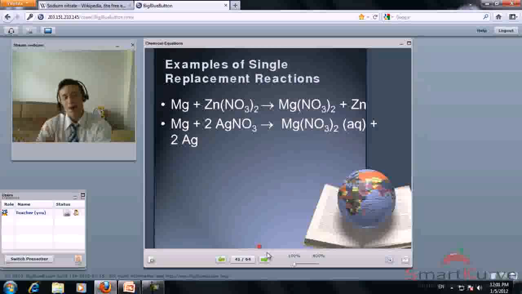The playboy arrives to the party with zinc, but he leaves the party with magnesium, and zinc is all alone. The same thing happens in the next one with magnesium and silver nitrate. The nitrate arrives at the party with silver, and it leaves with magnesium.